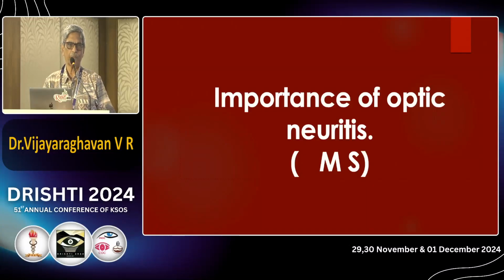That's why I told you, whenever an optic neuritis patient comes to you, always follow him forever. The reason is he may develop multiple sclerosis and so many complications in future. That's the importance of optic neuritis. The patient will come to us only with a visual loss. We are diagnosing, but don't leave the patient. At least tell him to follow up, or at least let him go to a neurologist for further evaluation.